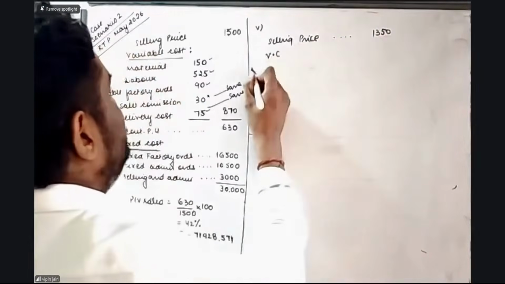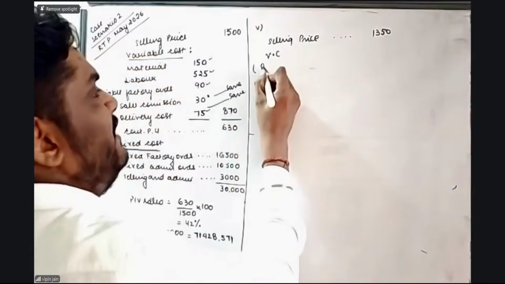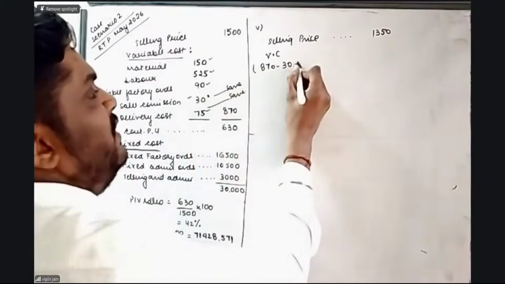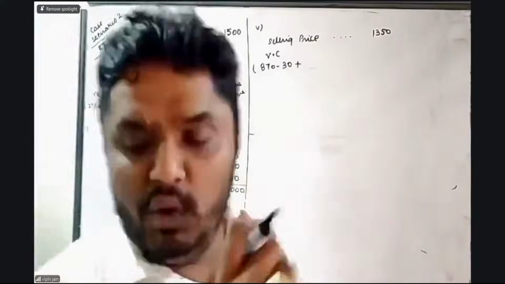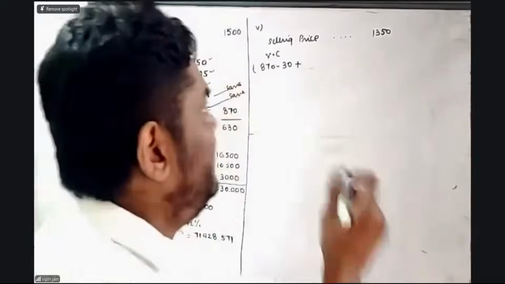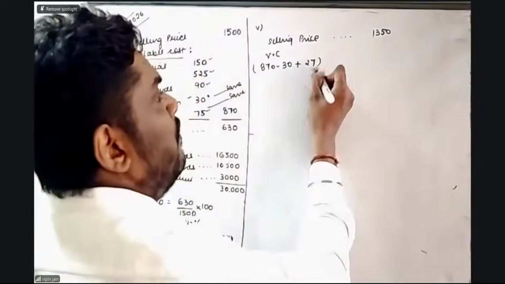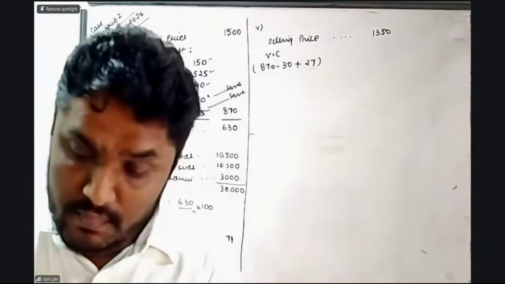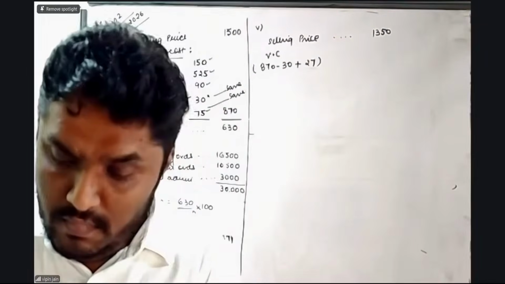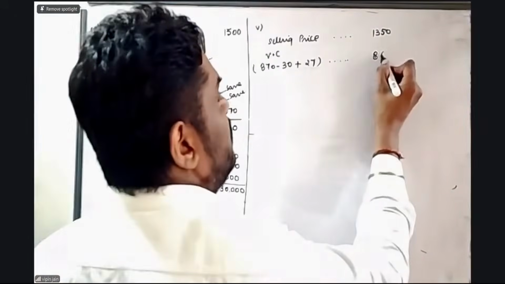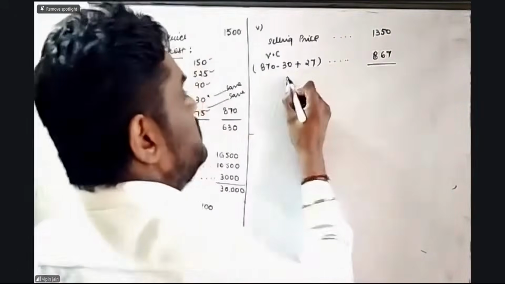My variable cost again, see, it is 870 minus 30 rupees, which is my commission. My new commission will be 1350 into 2%, that is 27. So that is 867 will be my new variable cost.